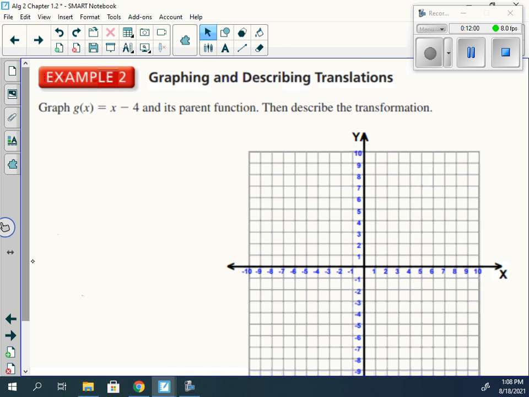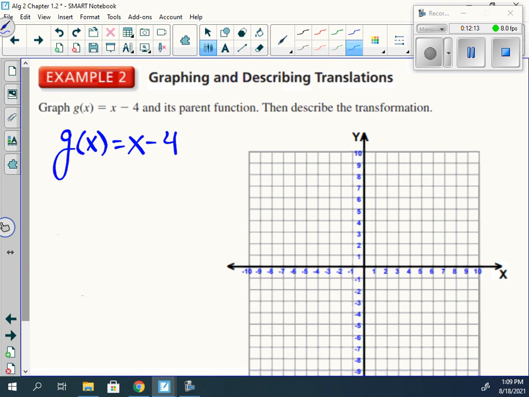You don't have to rewrite it, I'm just rewriting it so it's a little bit bigger. All right, guys, I rewrote that up there just so it's a little easier to see on the board because the text is a little small.